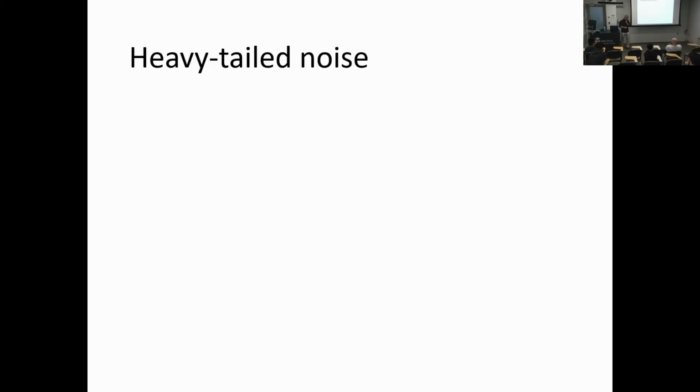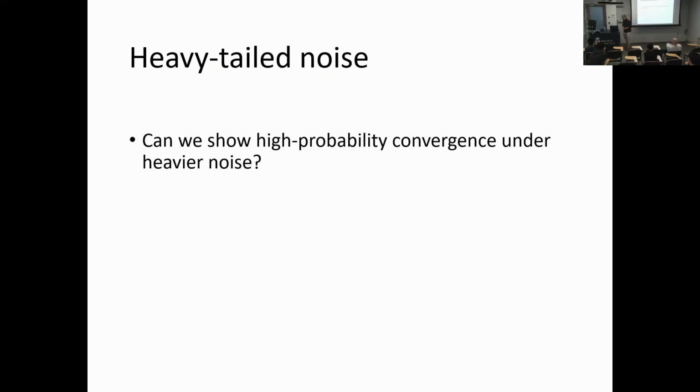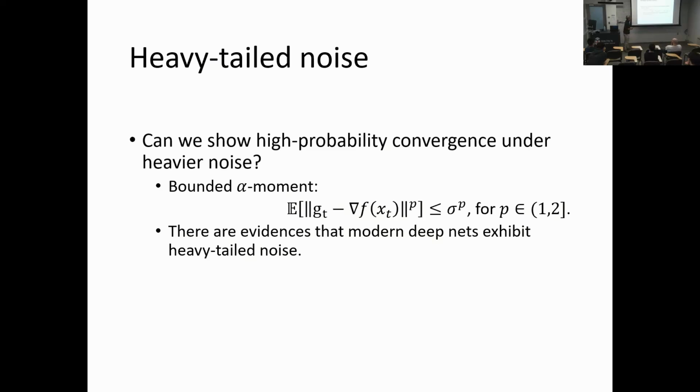So I mentioned earlier that sometimes we also care about heavy tail noise, right? If you have a language model, then you sometimes see that the distribution of the noise is not as nice as a normal distribution. So when you ask what kind of bound you can show if the noise is even heavier, a common assumption could be something like this, where we assume that the noise is bounded in p-th moment, where p is some number between 1 and 2, but it need not even be bounded.